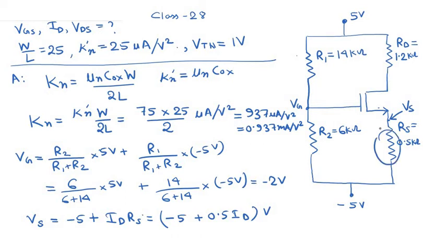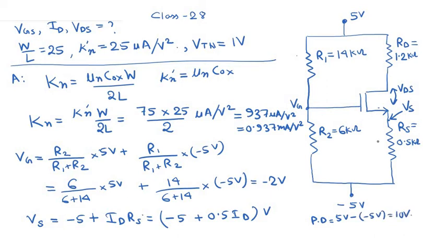So VDS is basically equal to 5 volts minus of minus 5 volts, which is the potential difference, 10 volts.